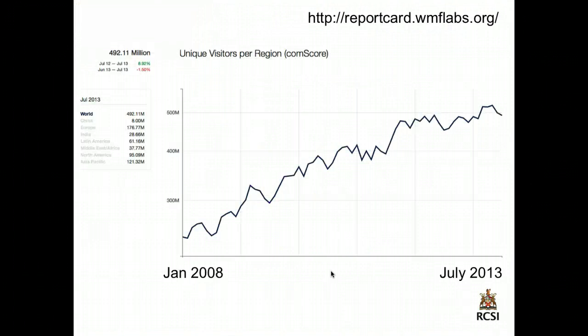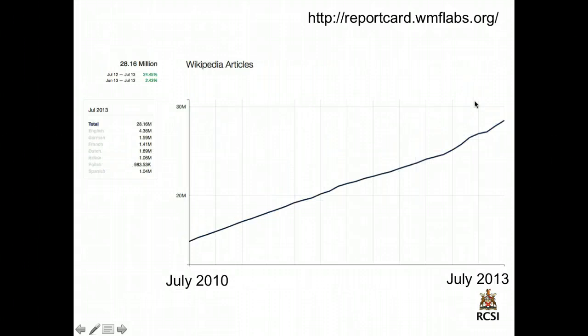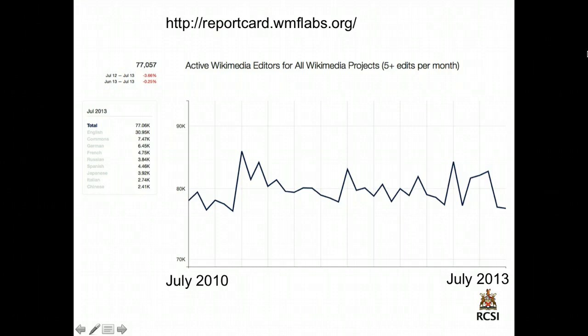And take a look at some of these figures here. These are users online over a 5-year period. So there we were, in and around 200 million, and it is flying up here to over 500 million people. Vast increase over 5 years. And if we look at the number of Wikipedia articles, huge increase from maybe 10 million up to 30 million and growing. Massive increase in content.